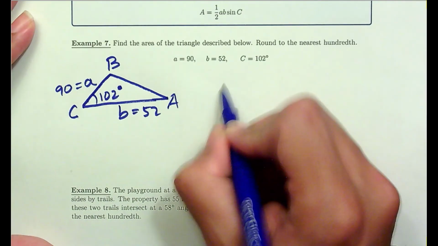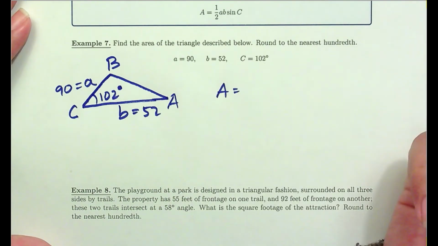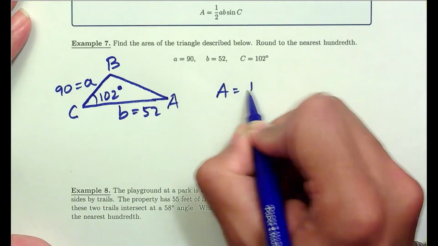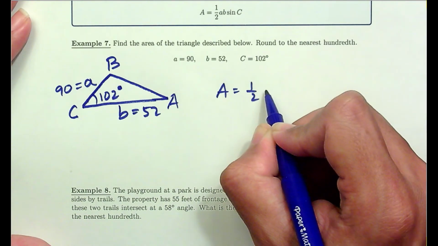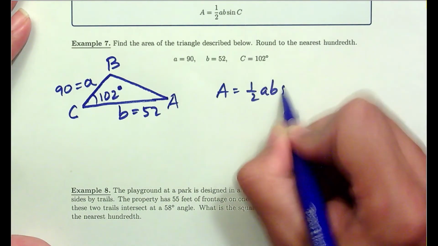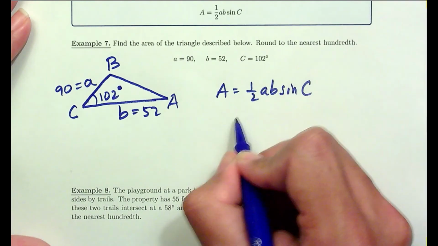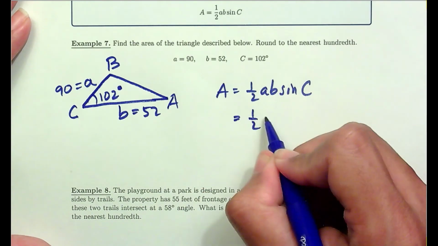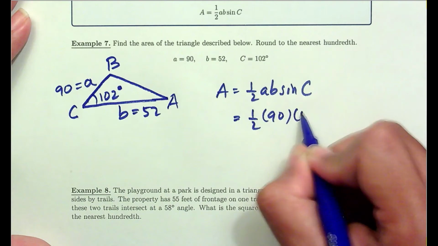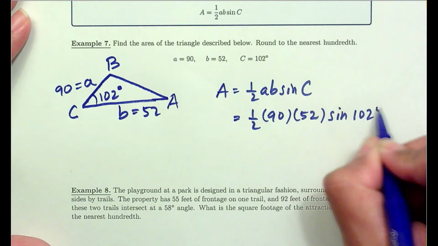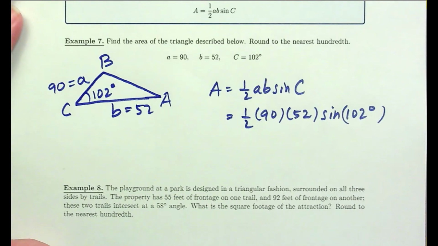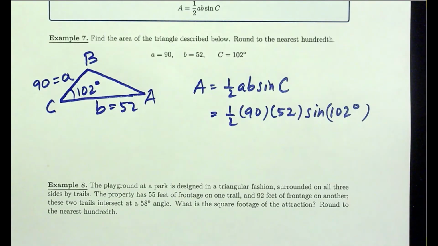So if that's the case, then this is just a matter of plugging in the formula. The area would be 1/2 times A times B sine of capital C, which is 1/2 times 90 times 52 times the sine of 102 degrees. And now you just put this in the calculator and it's over.